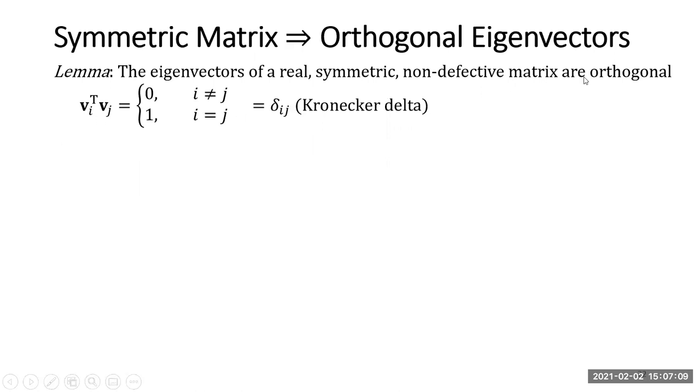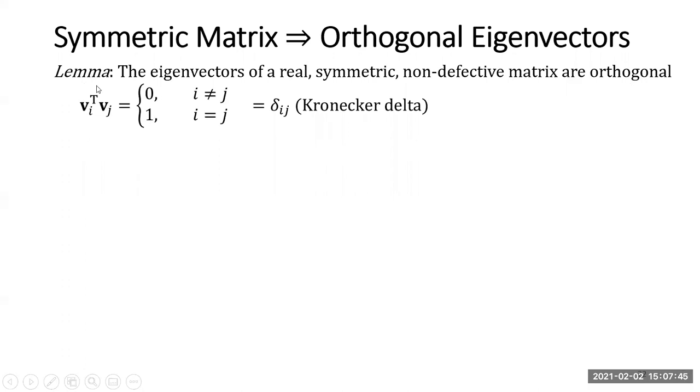So what that means is, since per this lemma they're also orthogonal to one another, if we have Vi and Vj as two eigenvectors, then their inner product Vi transpose Vj is equal to 0 when i is not equal to j. Okay, that means they're orthogonal. They're orthogonal if their inner product is equal to 0.